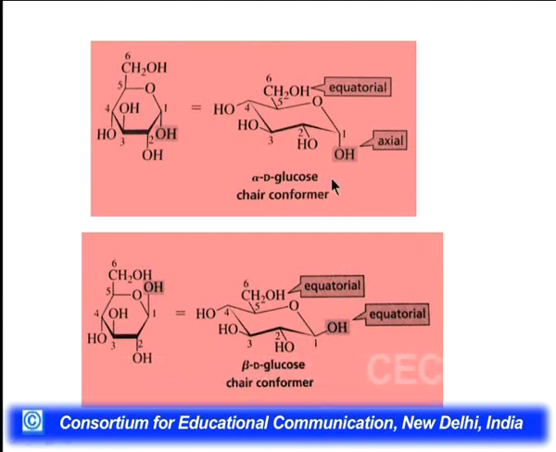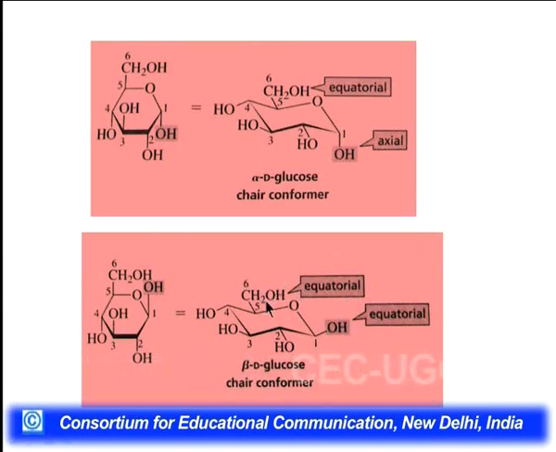That is, the alpha form has OH below the plane, that is, it is trans to CH2OH. You will remember this from fishes: fishes stay down. And if I talk of beta, remember birds, which stay high up in the sky, and therefore the OH is on the upper side, that is, the equatorial position.